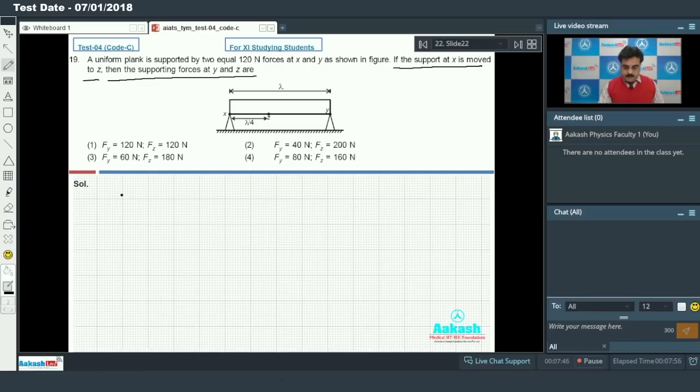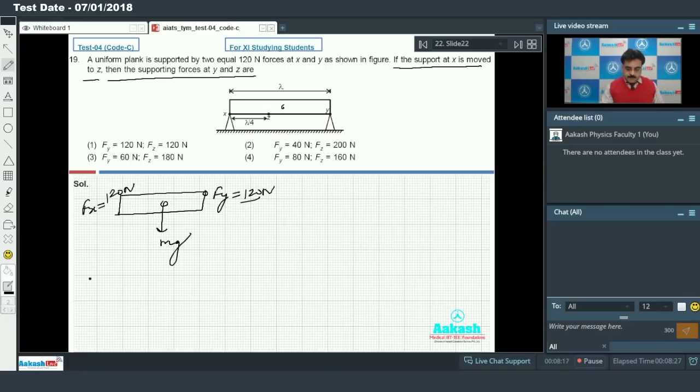If I take the initial condition, initially the force at X is 120 Newton and the force at Y is also 120 Newton, but we are seeing that there is no rotational motion. So if I take the torque about the center of mass, mg will act at the center of mass.